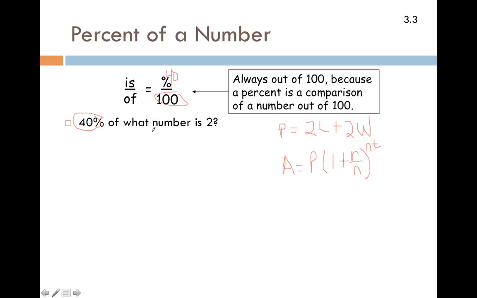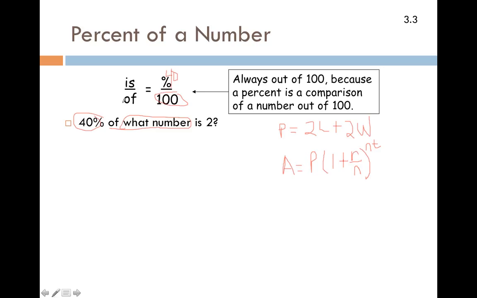Now, what is the of? The of is what number? We said what number is a variable. Anytime you see that word, what number, that's a variable. So of is a variable. It's an unknown. That's why we're saying of what?